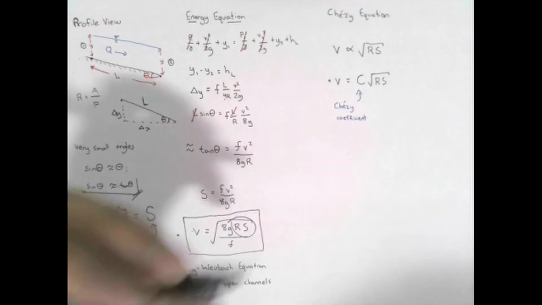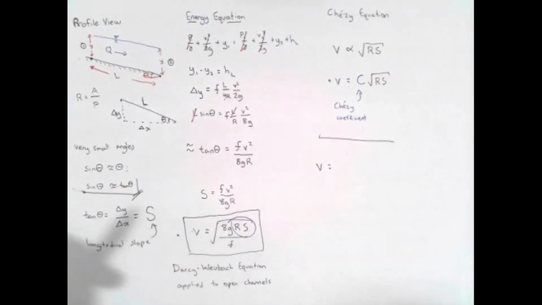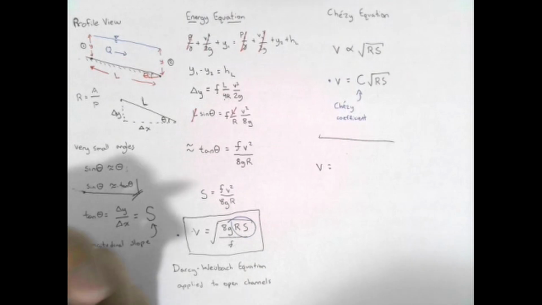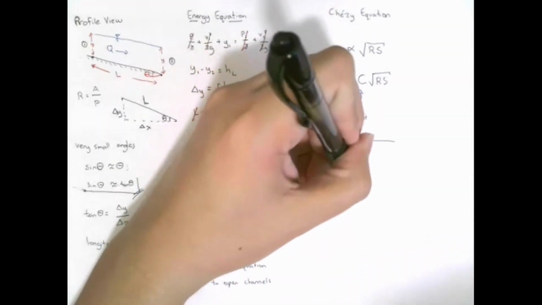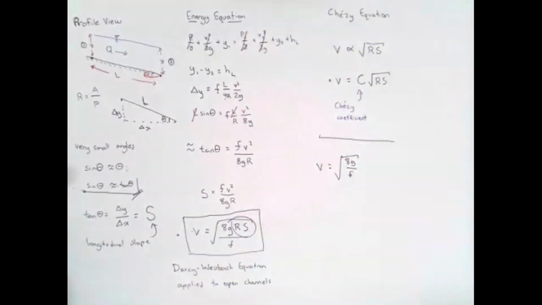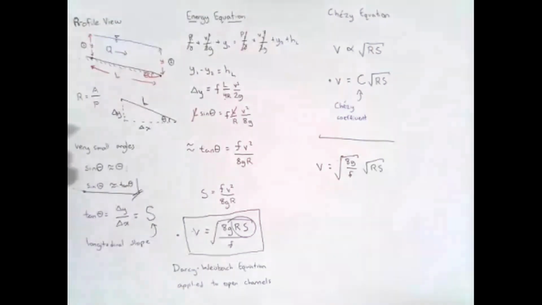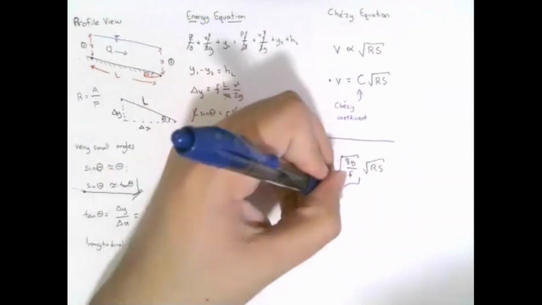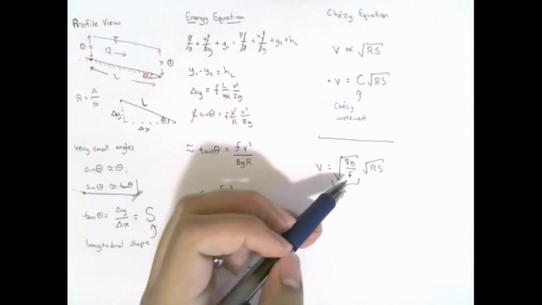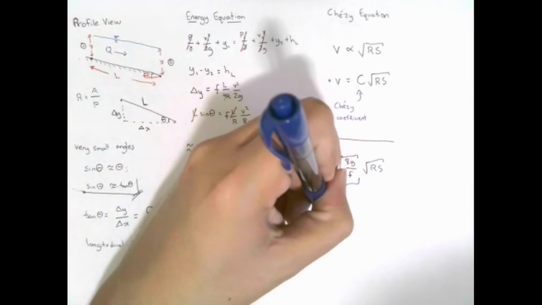In other words, if I take the Darcy-Weisbach equation and I separate the square root of radius times slope from everything else, I get the square root of 8 times gravitational acceleration over friction factor, that's just one term, times the square root of the hydraulic radius times the longitudinal slope.